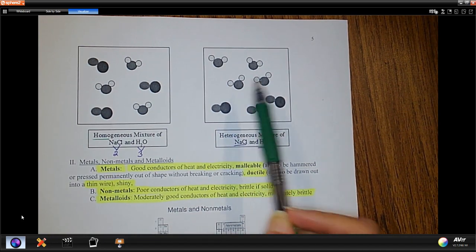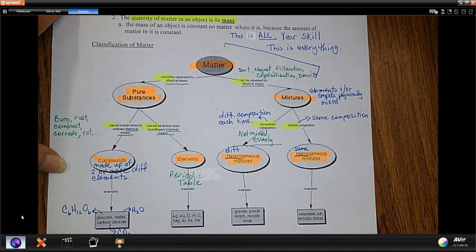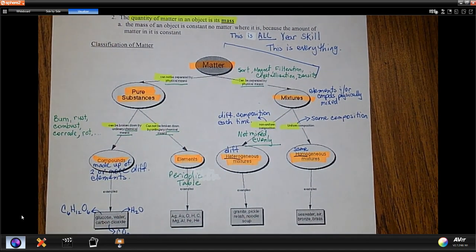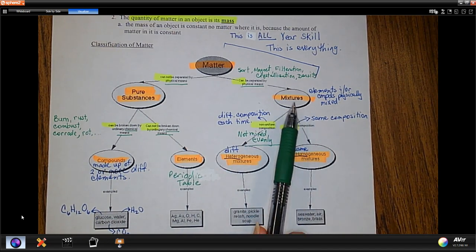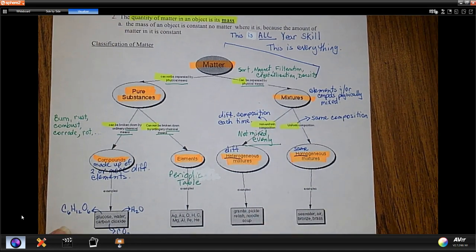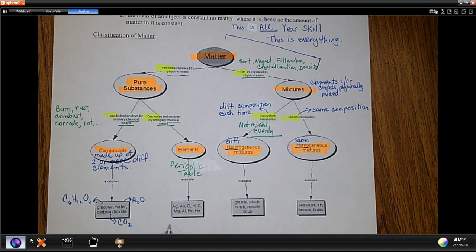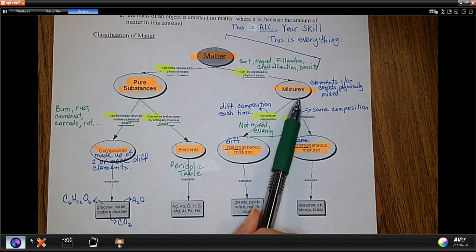So if we go back to our original chart that we had here, classification of matter, one thing that I want you to understand, going back to mixtures, is that mixtures do not have a definite formula. For example, compounds and elements have a definite formula, but mixtures do not.